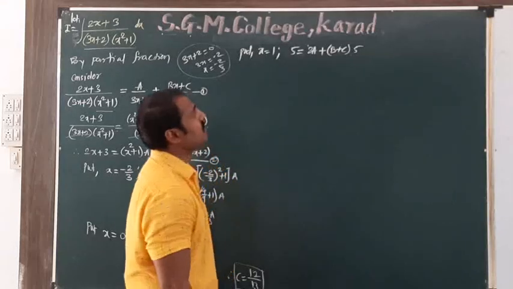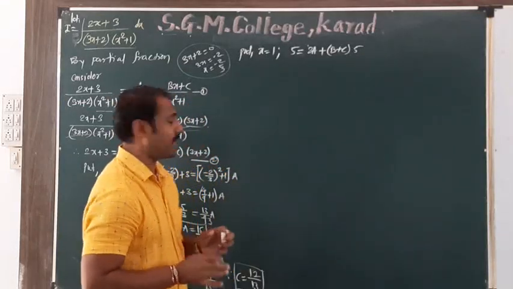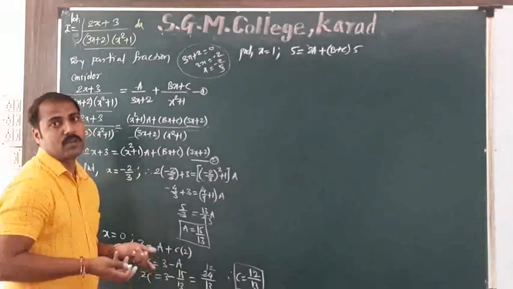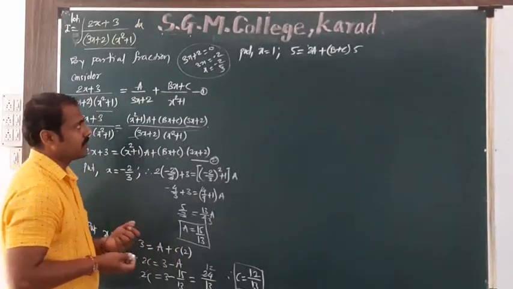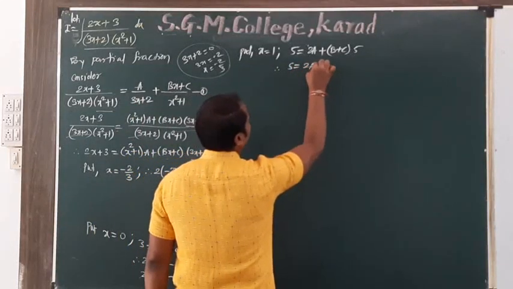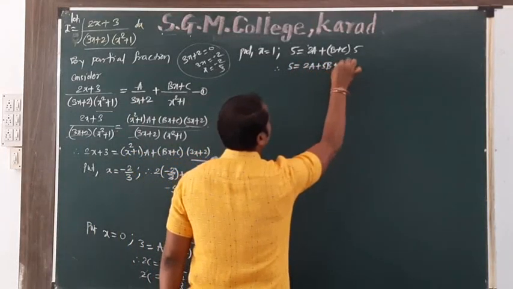After solving this equation, we get an equation in a, b and c, in which a and c are already known. We can easily find the value of b. So therefore 5 is equal to 2a plus 5b plus 5c.